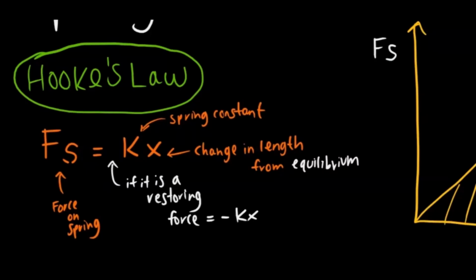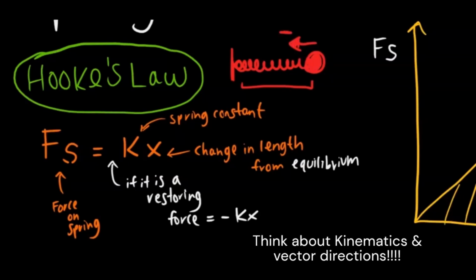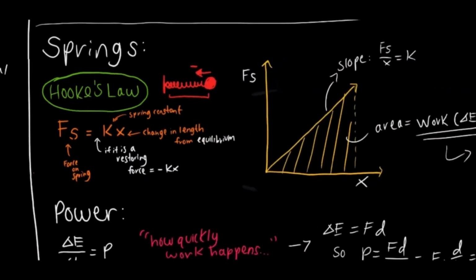Because if you think about it, I should draw this out. So if you have, let's say this, and then you have the spring here, and there's a ball attached to the end. Once it reaches its maximum displacement, there needs to be a force which acts in the negative direction here to get that ball to go back and oscillate.